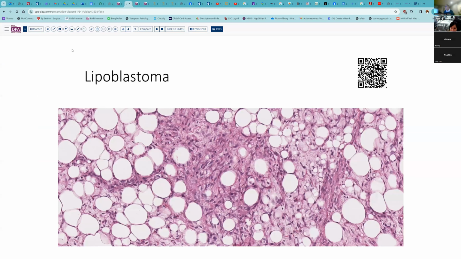So the lipoblastoma has a... let's see, I want to draw, where's my draw tool? Okay, so the lipoblast will tend to have the nucleus.